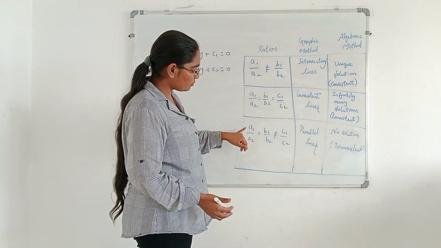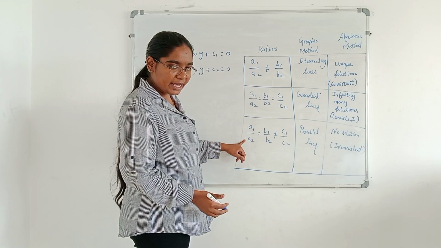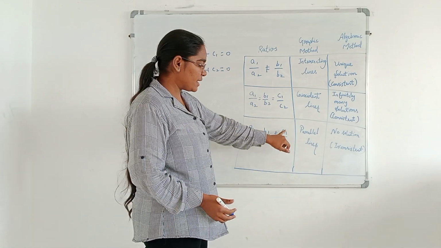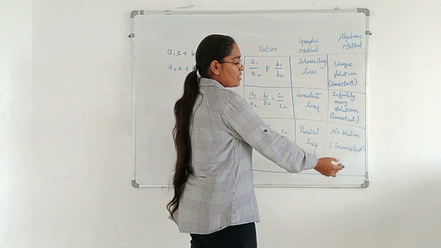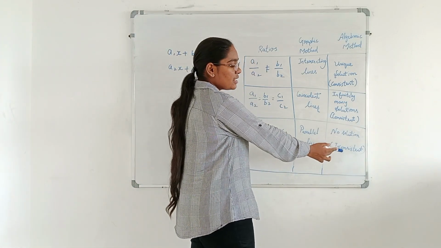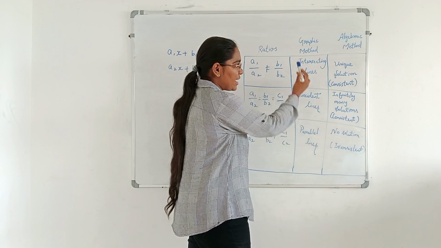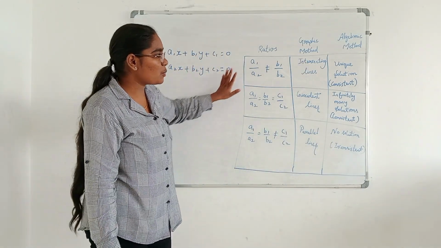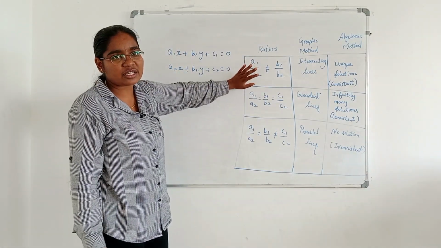If the ratios a1 by a2 equal to b1 by b2 not equal to c1 by c2, then the equations are inconsistent. That means it has no solution, and in the graphical method the lines are parallel lines. Now we can see the same concept using a problem.